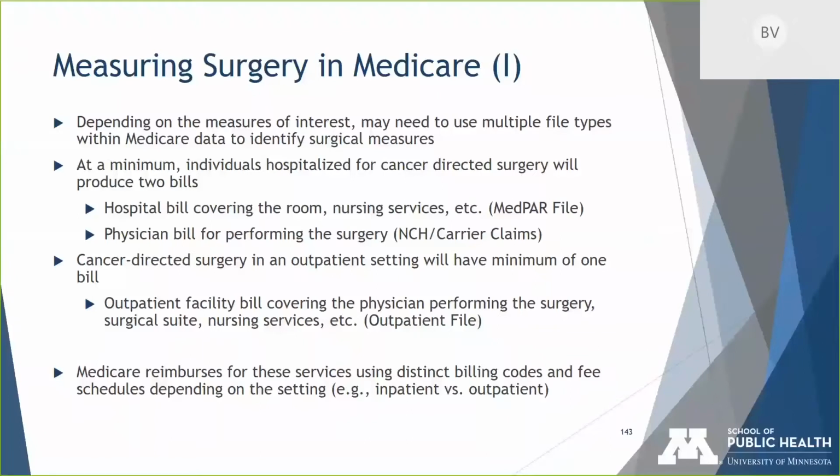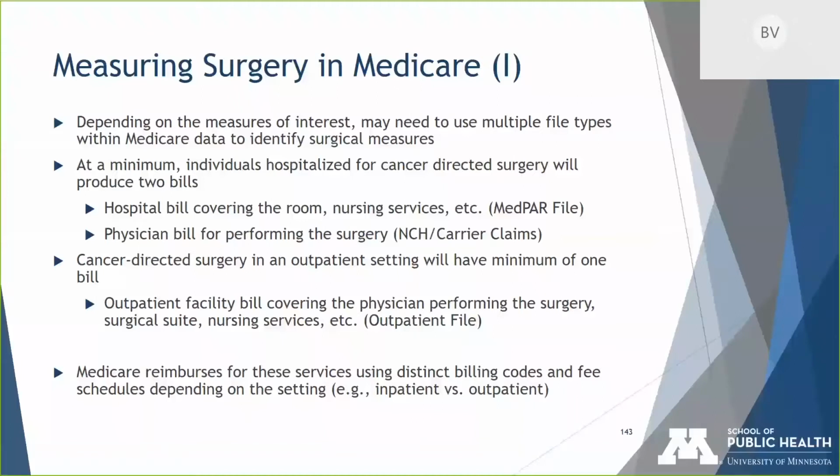First, you would find a hospital bill, and this would show up in the Medpar or hospitalization file. That bill covers the room that the patient is in, their nursing services, and all of their other ancillary services that they receive while they are admitted as an inpatient in the hospital. In addition to that, you will find a physician bill for the physician who actually performed the surgery.